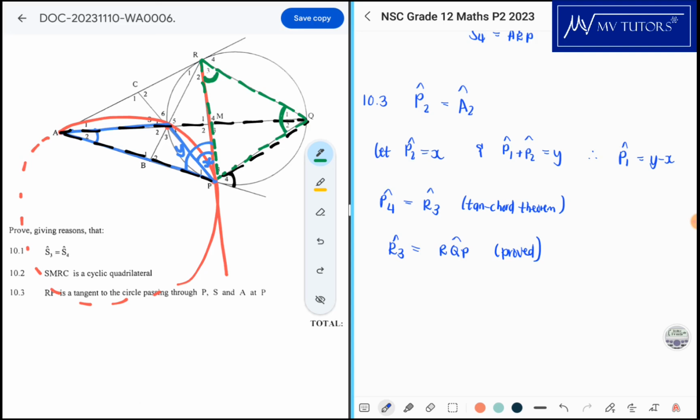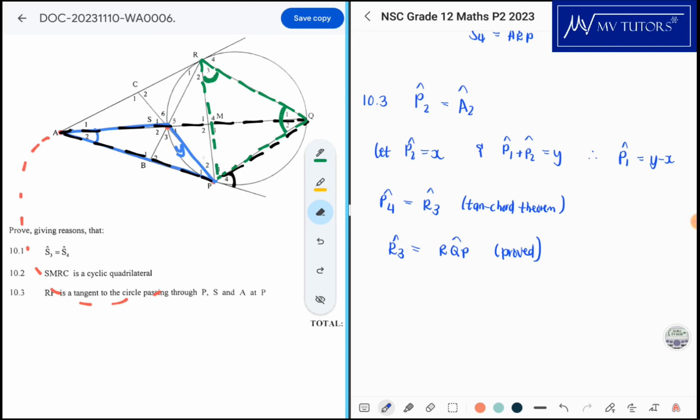And then I said P4 is equal to R3 and R3 is equal to Q, and Q is equal to P1 and P2. Yeah, there's a lot going on here. Let me just subtract all of this. If I look at Q, Q1, Q2 is equal to P1, P2.